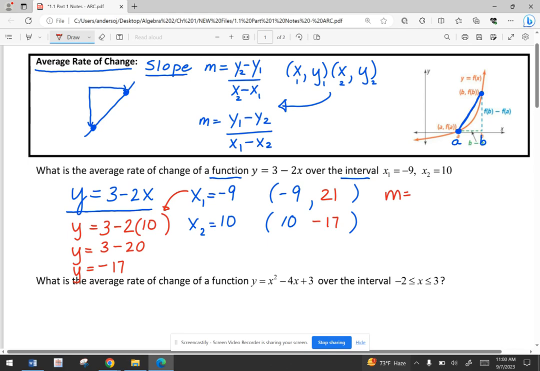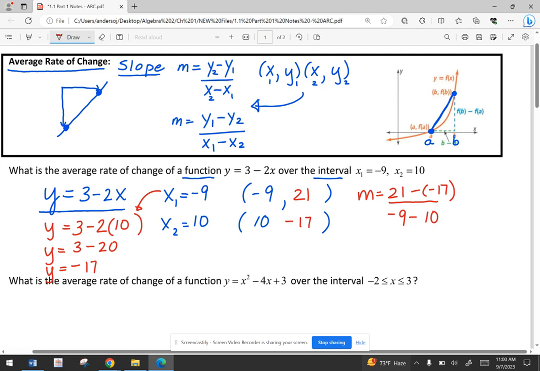All right, so hopefully you wrote the value of 21 minus -17, and then maybe you wrote -9 minus 10.